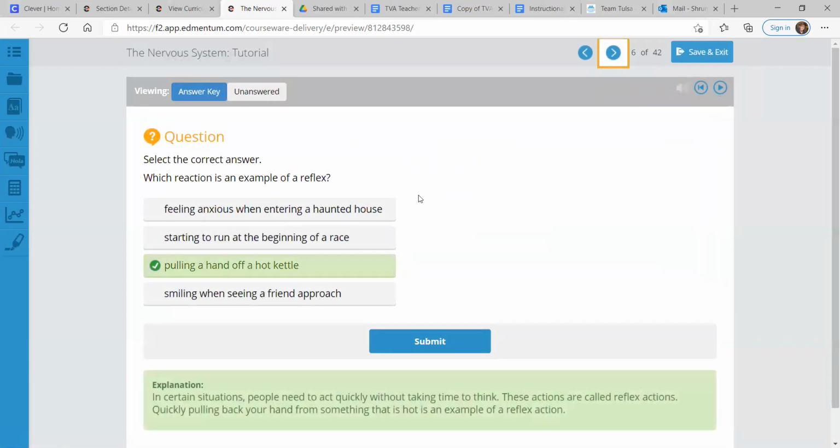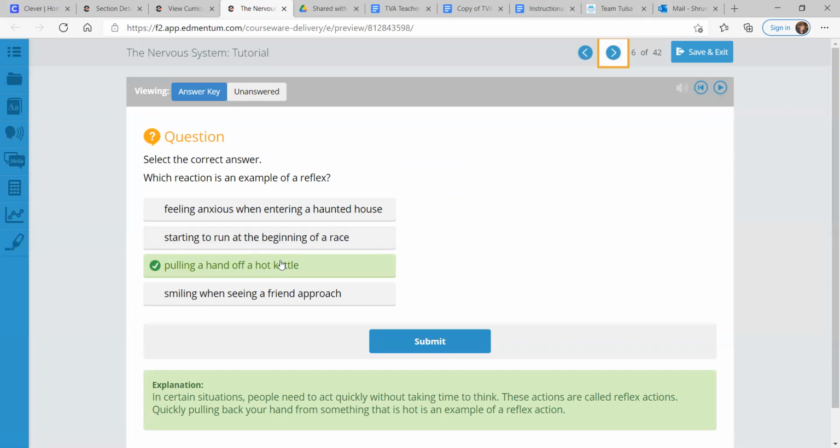Another warm-up question. Oh, well, it shows the answer already. Which reaction is an example of a reflex? Have you ever heard of the term reflex? I think most people have. It's something your body does that you don't really think about, but it just happens.